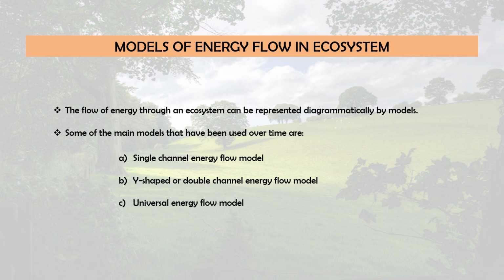There were some models given which represent the flow of energy through an ecosystem diagrammatically. Some of the main models were the single channel energy flow model, the Y-shaped or double channel energy flow model, and the universal energy flow model. We are going to discuss them one by one.